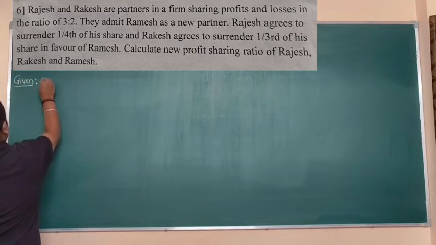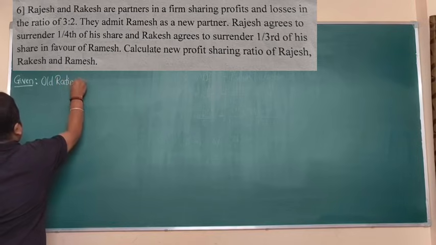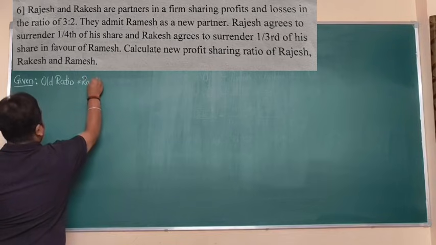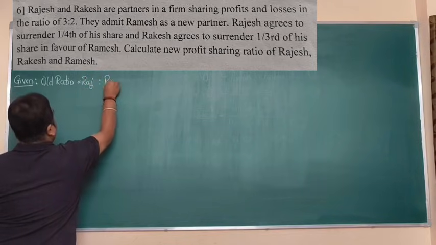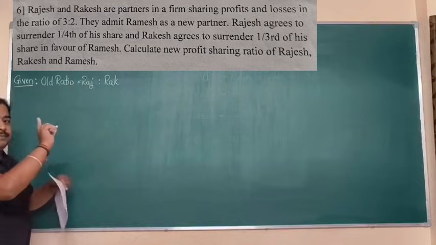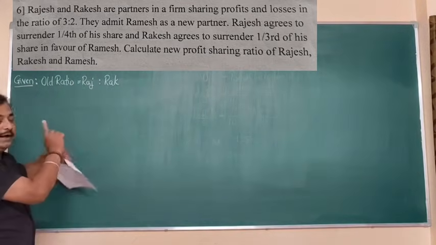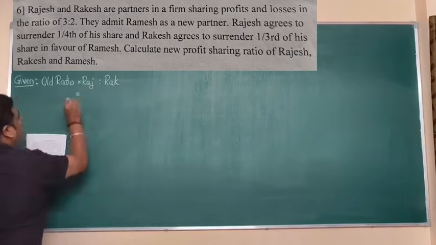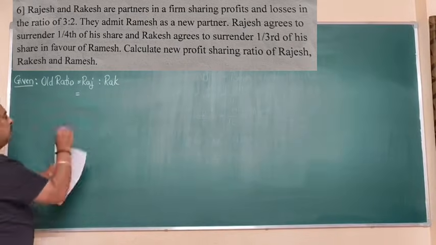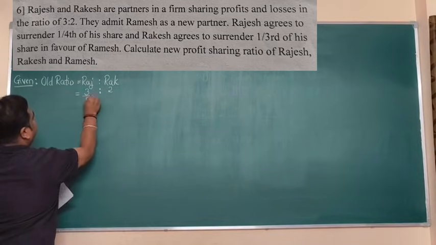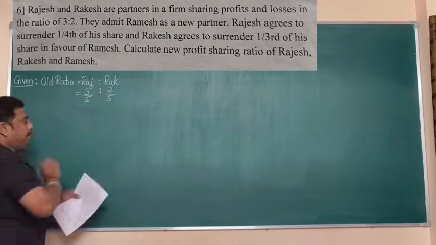Given: old ratio is equal to Rajesh is to Rakesh. Kindly excuse me, I am just writing in short here, but in the examination please write the complete name. Old ratio Rajesh is to Rakesh, ratio 3 is to 2, 3 by 5, 2 by 5.